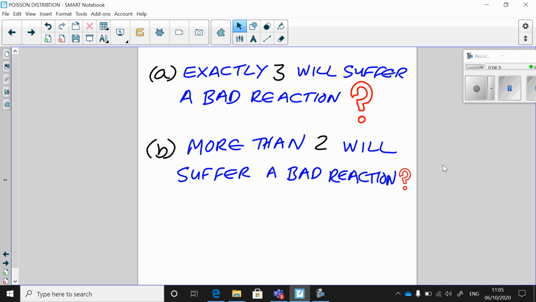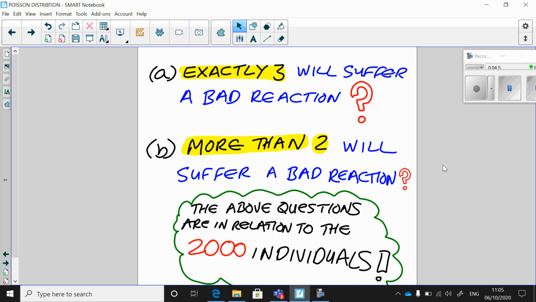Exactly 3, we like those questions, one calculation. More than and less than will be multiple calculations, multiple probabilities, and we'll see how we get on. Parts A and B all relate to the 2,000 individuals that have had this serum injected into them.